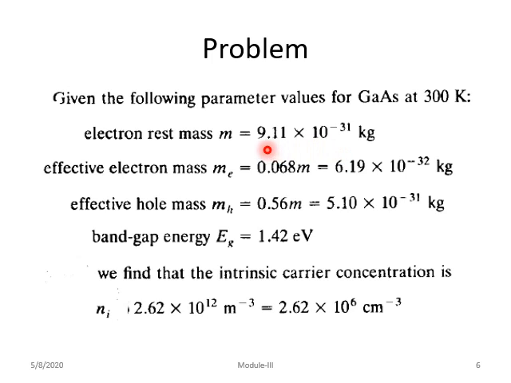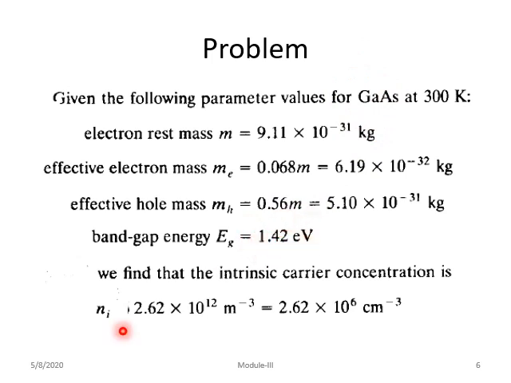The rest mass of the electron is 9.119 × 10^-31 kg, but the effective electron mass me is 0.068 m, that is 6.19 × 10^-32 kg, and the hole mass is 0.56 of m, that is 5.1 × 10^-31 kg. The band gap energy of GaAs is 1.42 electron volt.